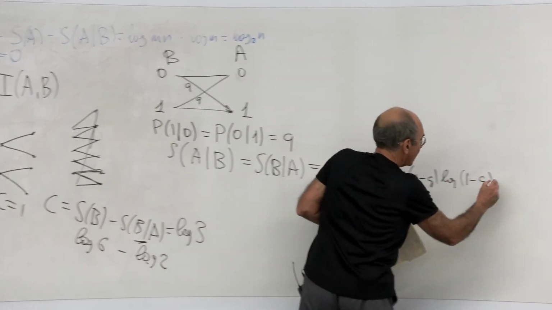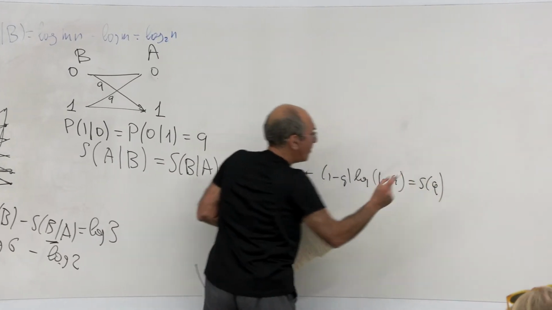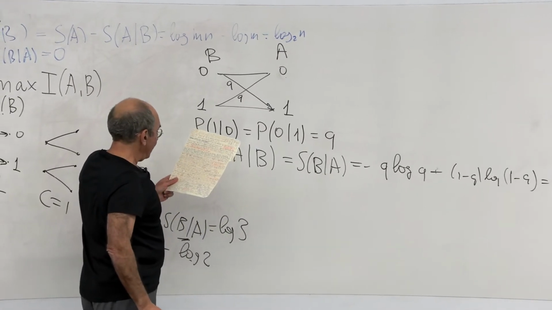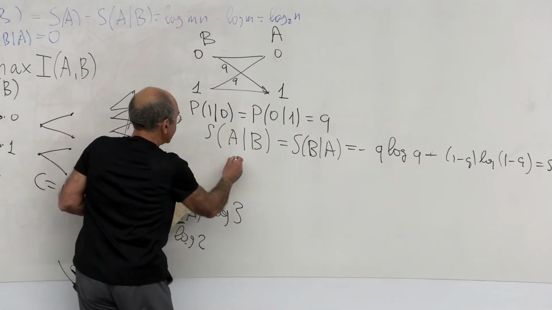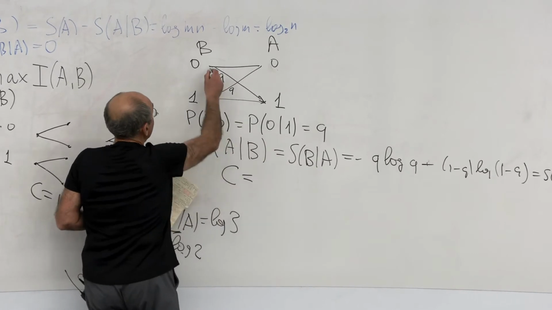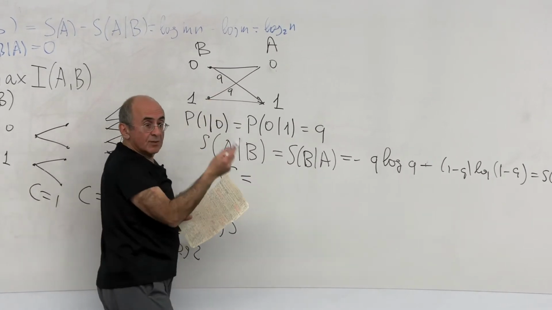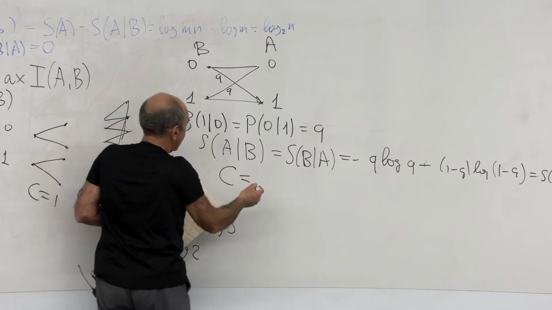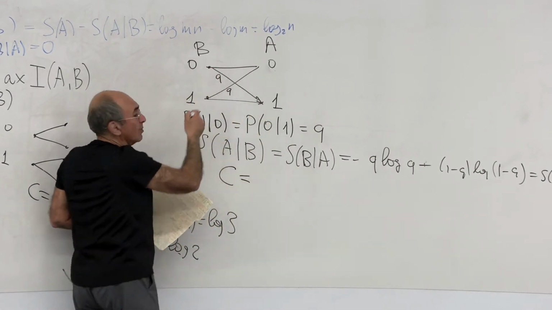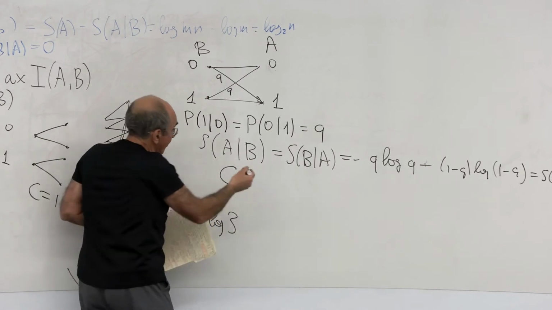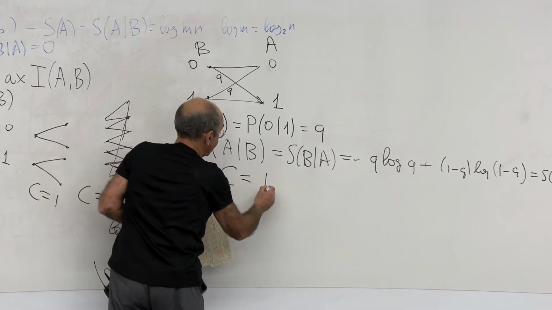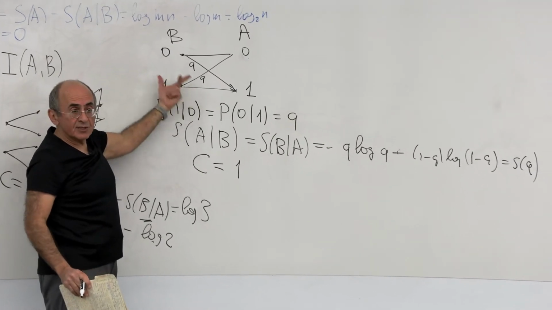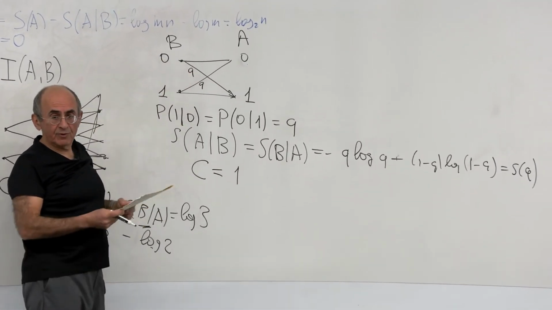Let's call it S of Q. Now, if you are interested in what your capacity is in this case, it's the entropy of this binary channel, determined by its probability, and its maximum is unity if I send signals with equal probability, and there is no reason to prefer one or another.